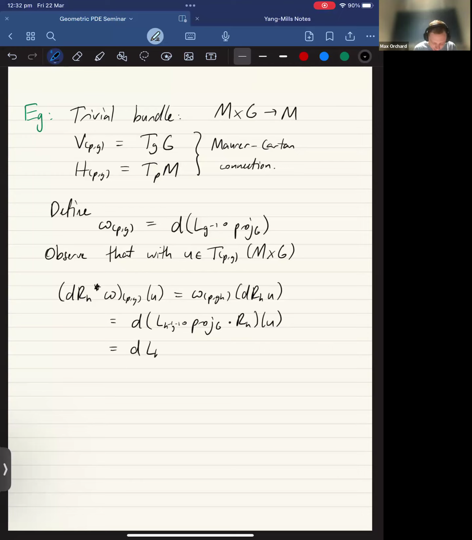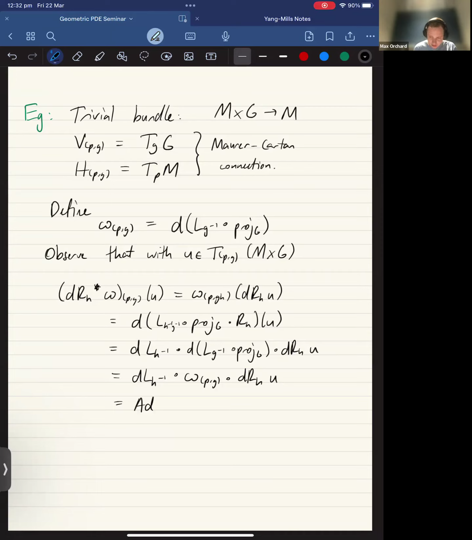So finally, we can write this here, and inside you get exactly the Maurer-Cartan connection form at the point PG. And well, we have conjugation here. We're multiplying on the left by H inverse, on the right by H, and we're looking at the differential of these guys.